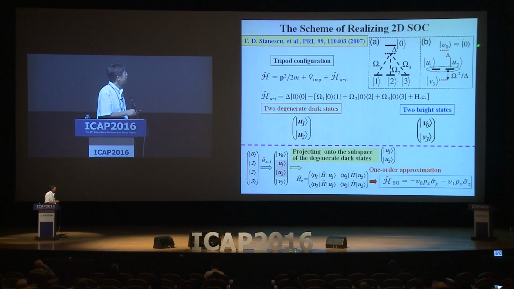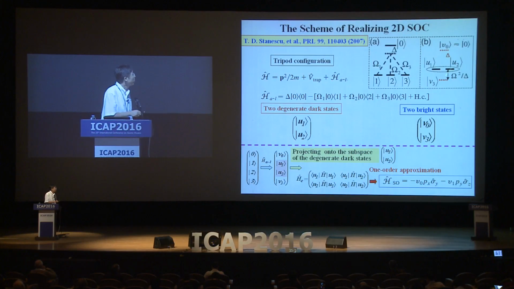One of the bright states is separated in energy from the two degenerate dark states by the one-photon detuning Δ. Another bright state is separated in energy by Ω²/Δ.